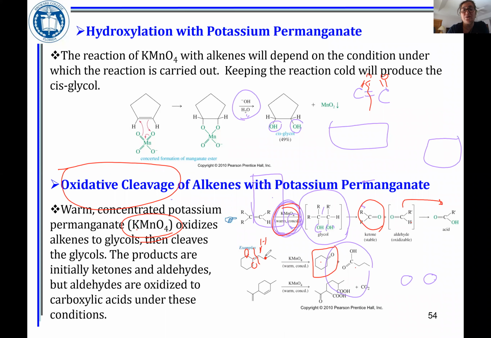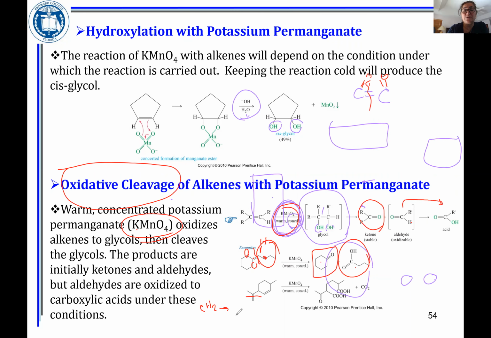So we have a hydrogen and another carbon. If that is the situation, the final product of this is going to be a carboxylic acid. If it's a CH2, it will change to CO2 with the hot permanganate.